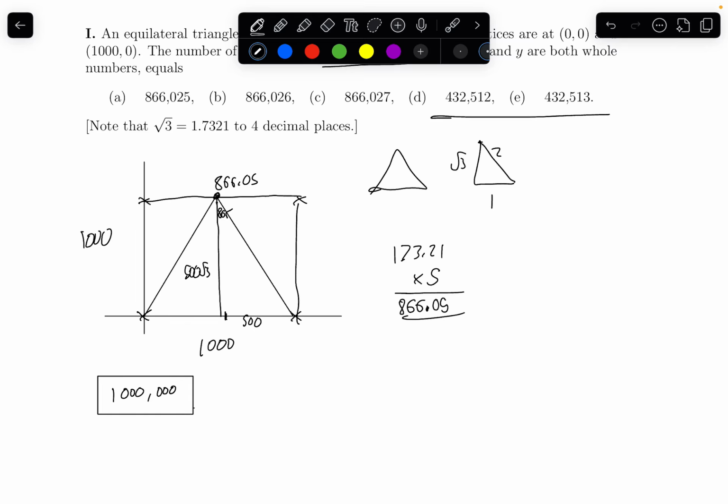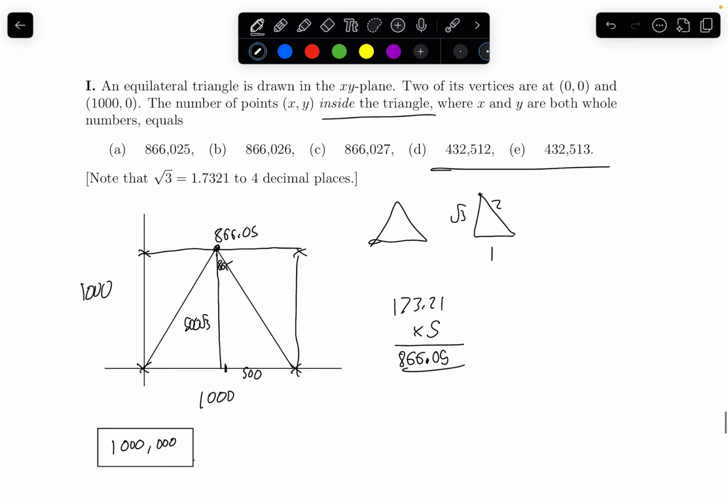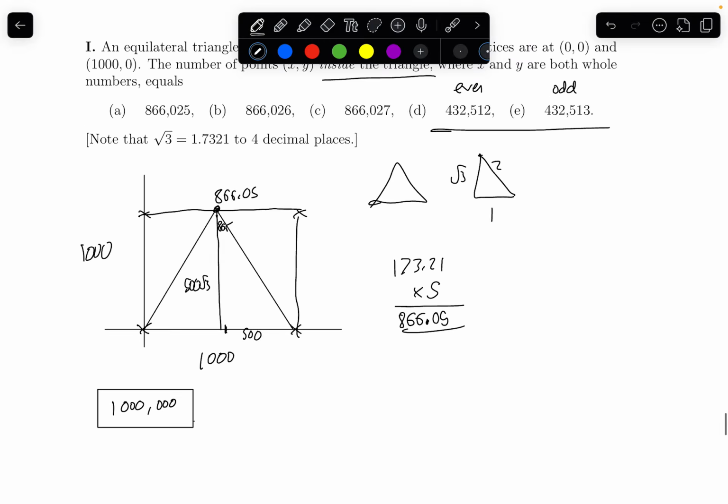And now, I look at D and E, and I don't want to work that out. That's a pain. So let's just try and think about what's the difference between these two numbers. Well, this one's even, this one's odd. So if we can distinguish the number of points inside is even or odd, we know the answer. What was key here, I found, was we've already got this as 866, its height.